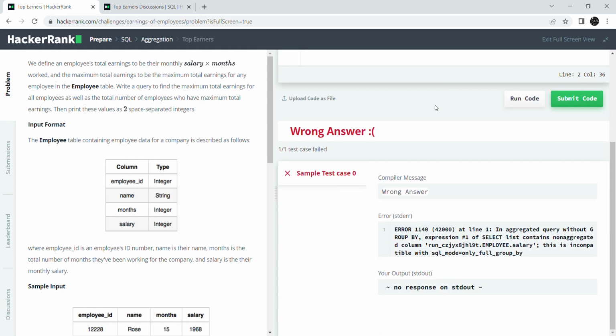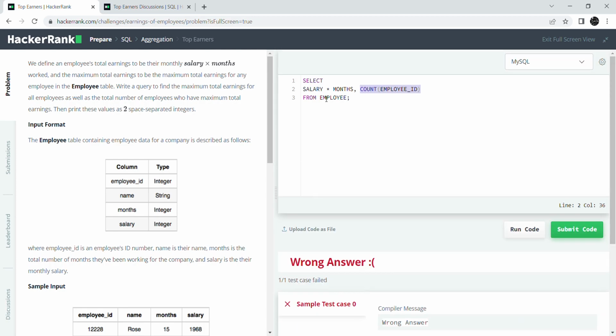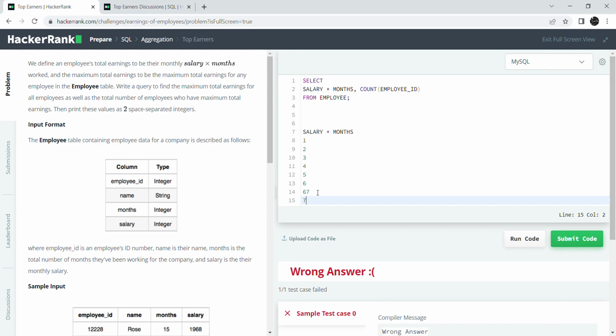This is not supported in SQL, because salary into months will give multiple rows, like 1 2 3 4 5 6 7 8 9 10, but for count or any aggregate function we get only one row. So it is not possible to create a table from this kind of data.